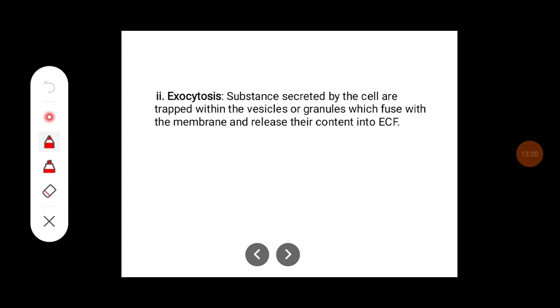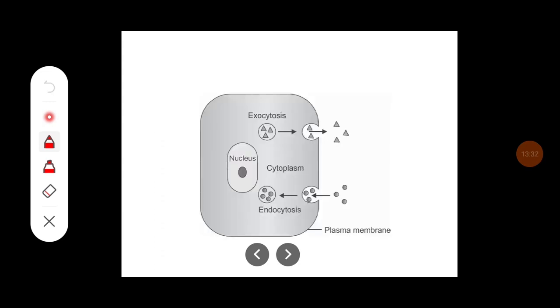Exocytosis occurs when substances secreted by the cell are trapped within vesicles or granules, which fuse with the membrane and then release their contents into the extracellular fluid. Some of the substances secreted by the cell itself are trapped in the vesicle, then these vesicles fuse with the plasma membrane and there is exocytosis.